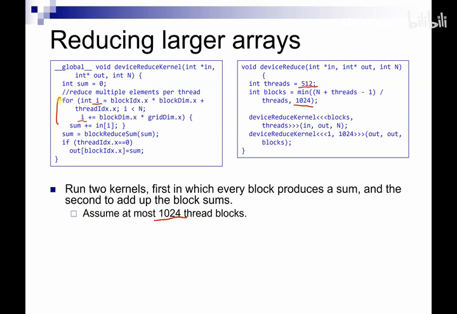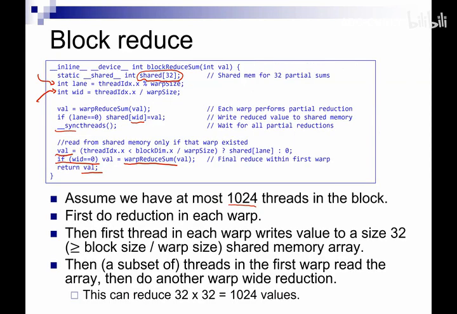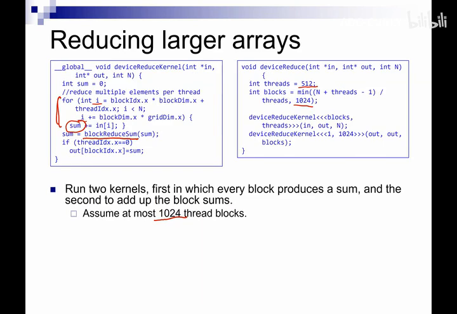First of all, each thread is going to go through all of these elements, let's say 10 elements, and add that into this local sum over here. After that, each thread in the block will have a value sum, and now we can call this block reduce sum. The block reduce sum was this algorithm over here, which works for up to 1024 elements.